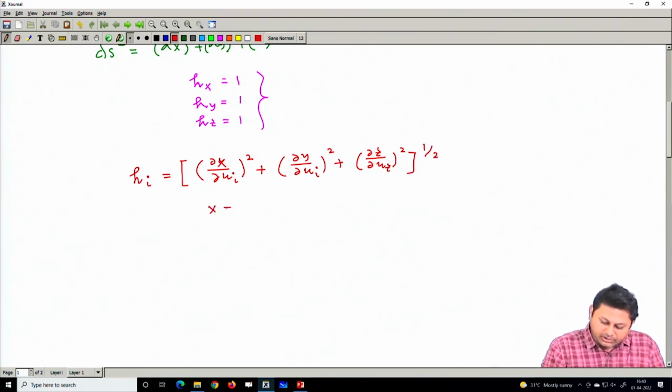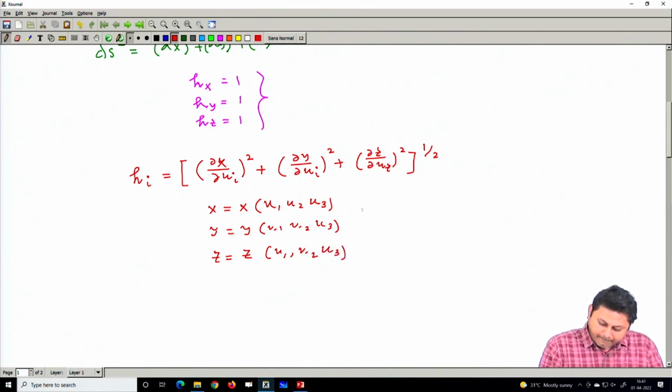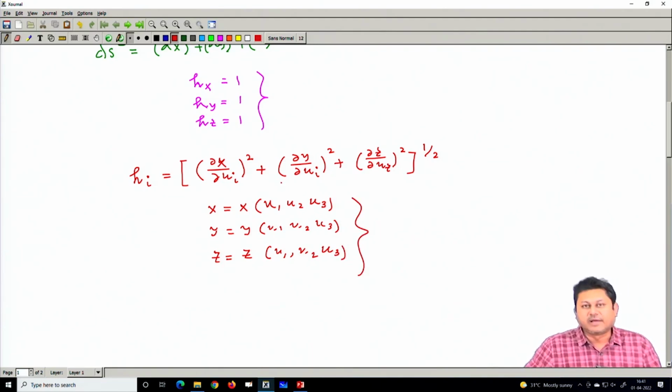If you know x, y as a function of u1, u2, u3, and z as a function of u1, u2, u3, then you can figure out the value of the scaling factor.